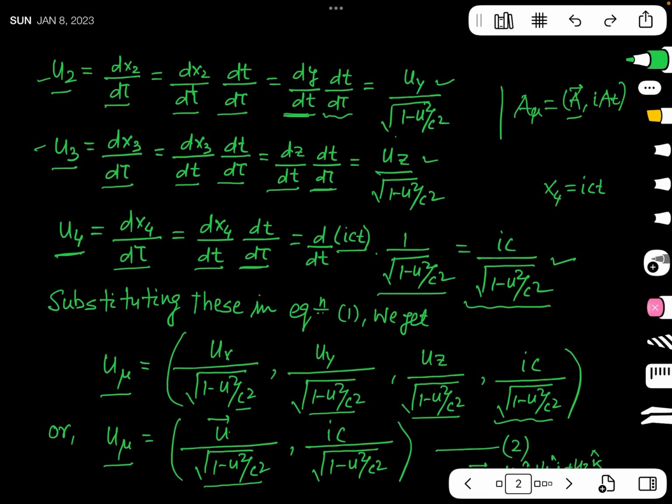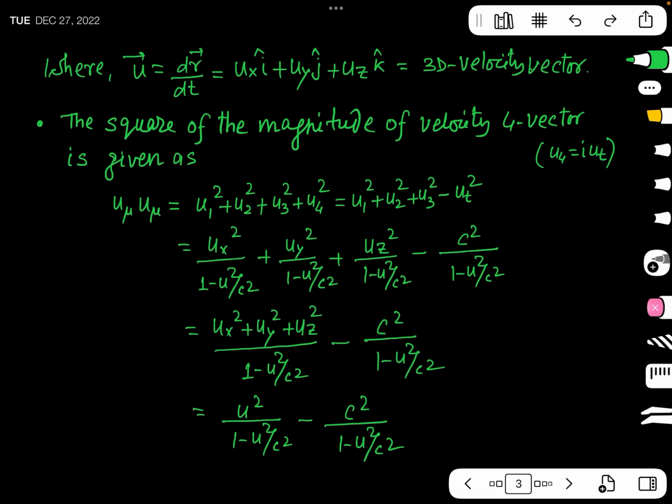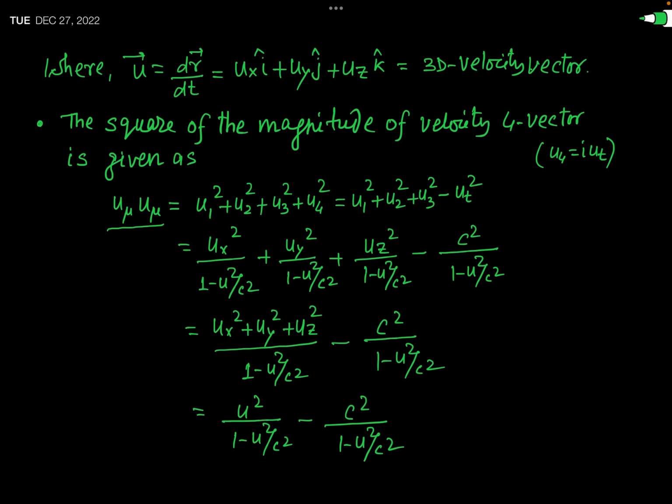Now we will see what will be the magnitude of the square of the velocity 4 vector. You know that the magnitude of a square of a 4 vector is expressed like this: u mu times u mu. And you have learnt in the previous lecture that the square of the modulus of a 4 vector is simply equal to the sum of the squares of the 4 components of that vector. Okay.